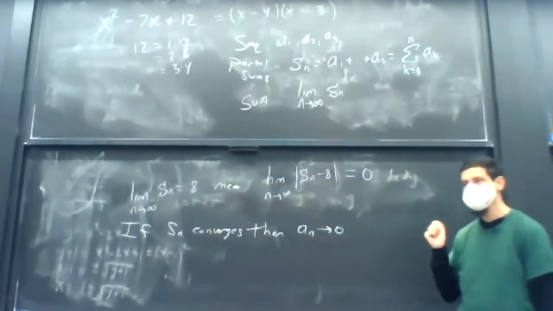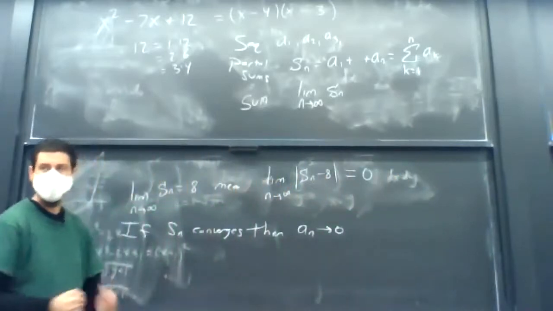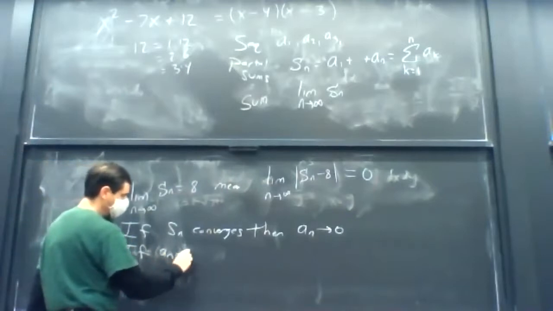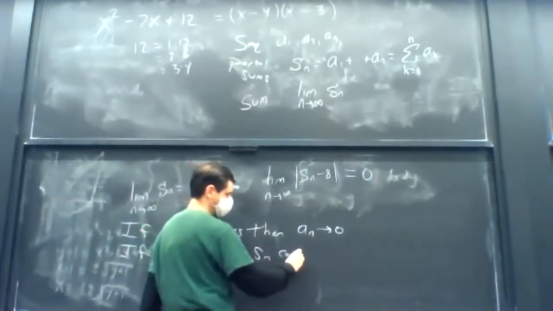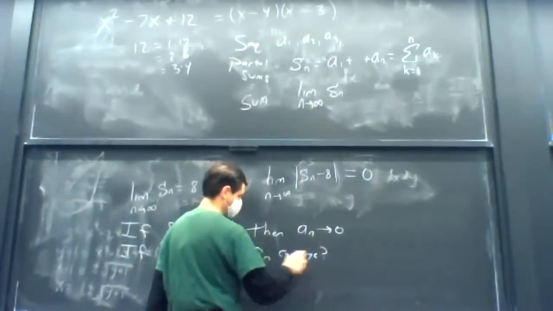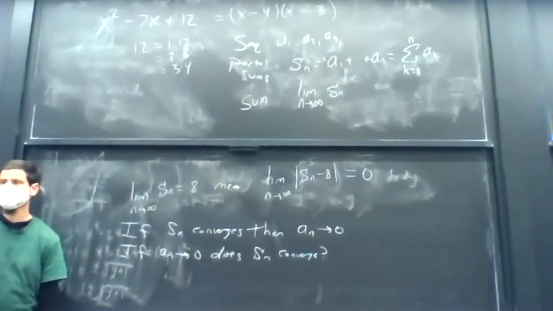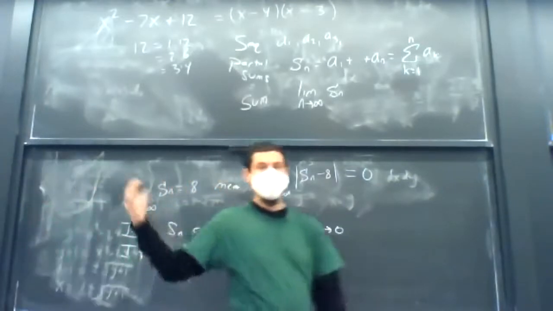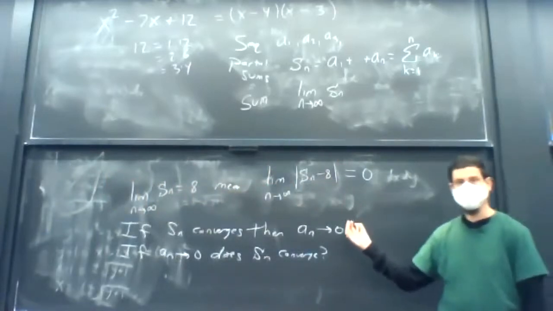It is very important to make sure you go both ways and see, are both implications true? If An goes to 0, does Sn converge? So does Sn have to converge if the An's go to 0? So we know that if you're going to converge, it's necessary that the An's go to 0.